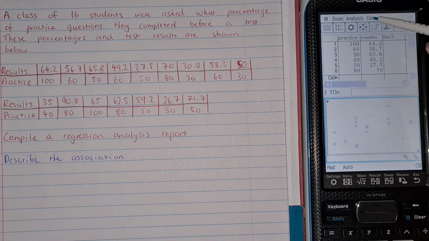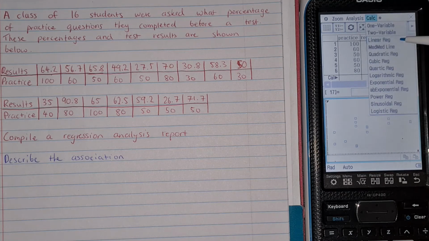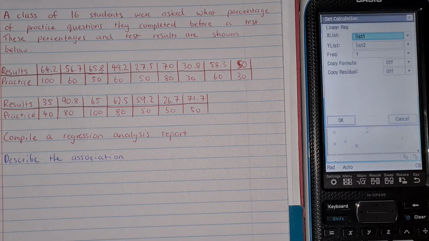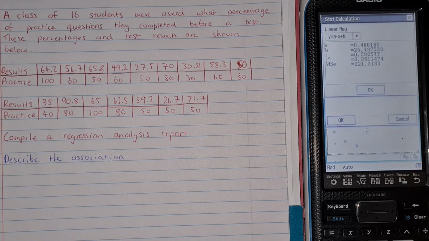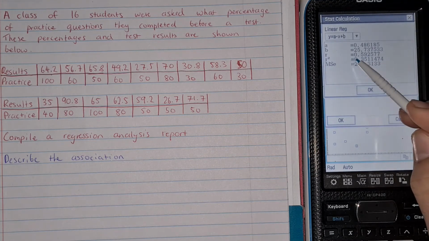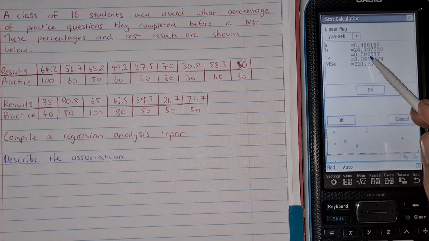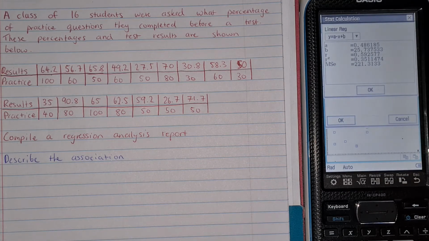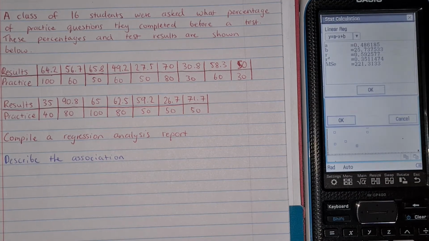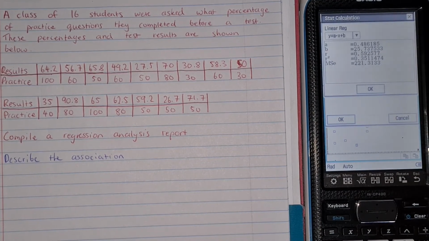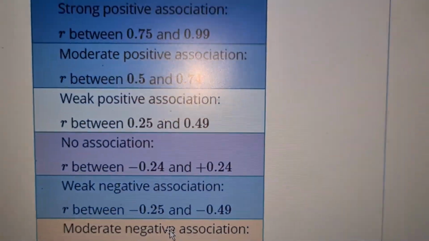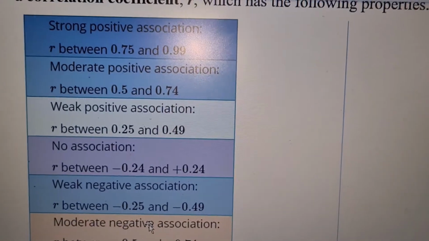To do that, let's figure out what our correlation coefficient is. We've got our correlation coefficient r being 0.593 to 3 significant figures. Now, if we think back to our chapter 3 notes, a correlation coefficient of 0.593 corresponds to a moderate positive association.